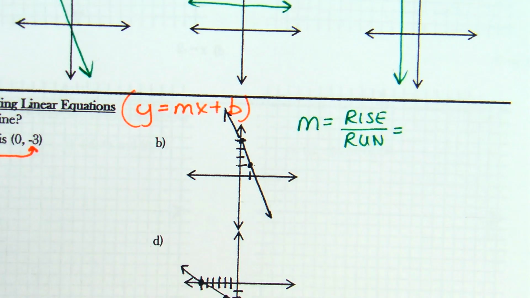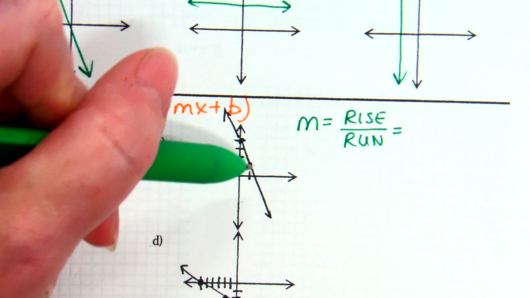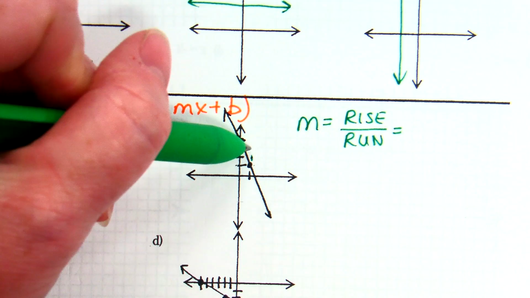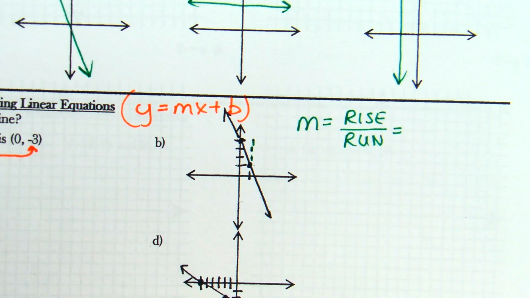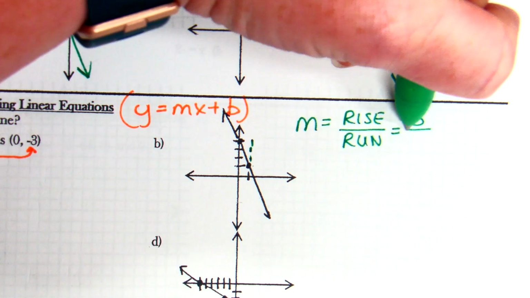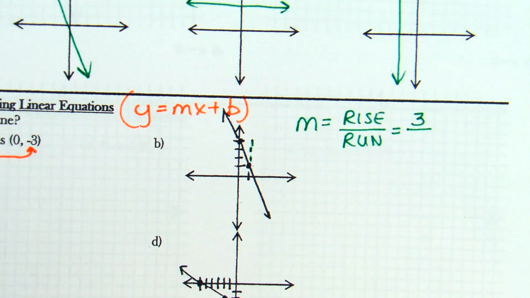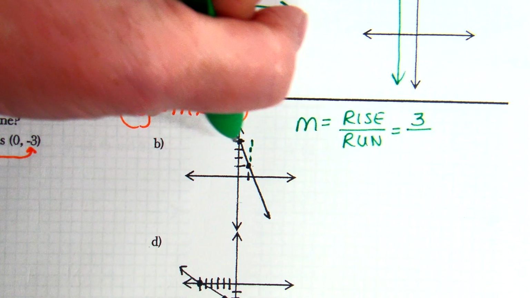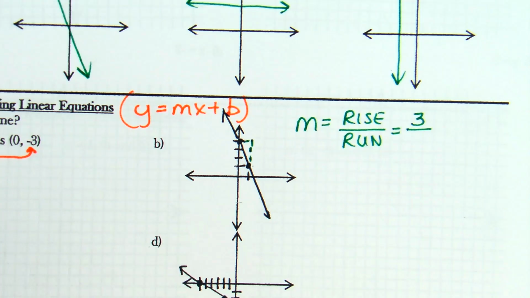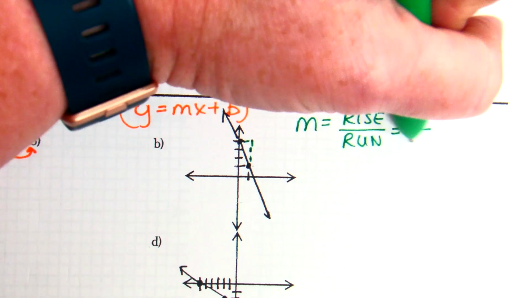So I don't know if that's a Mrs. Rogers thing or what. But I tend to start at the bottom dot. And so if we rise, how far up am I going here? I know, not the best graph, but count carefully. How far up am I going? 3. Now, run is left or right. How far do I run? 1 to the left, which is a -1.